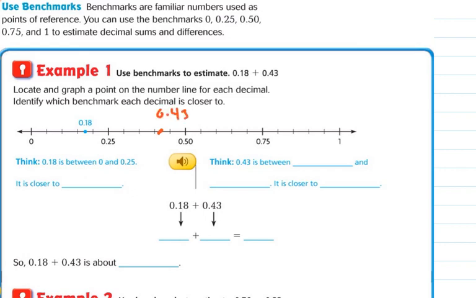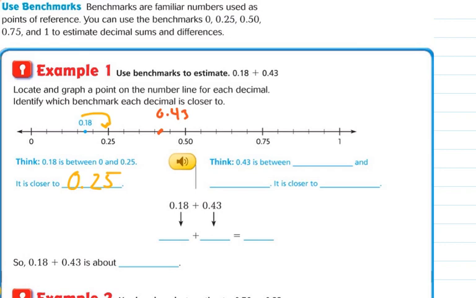Now, boys and girls, it says think 18 hundredths is between 0 and 25. So I would say that as a benchmark, if you look, it's really close here to 25 hundredths, so I would use that as my benchmark. Now over here it says think 43 hundredths is between 25 hundredths and 50 hundredths.